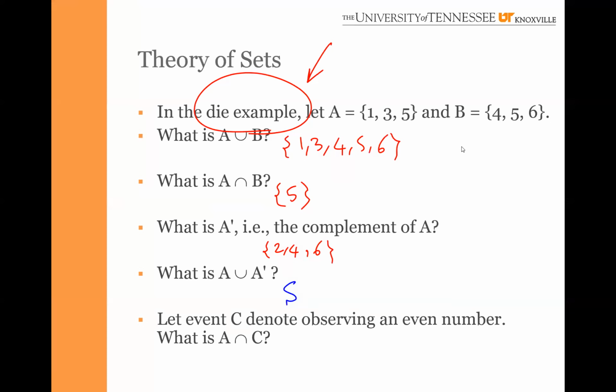So let's see. Let's say event C denotes observing an even number. What is A intersection C? The row after. Even number is 2, 4, 6. What is intersection of A and C? No. Okay, no. So what do we refer to these two sets then?